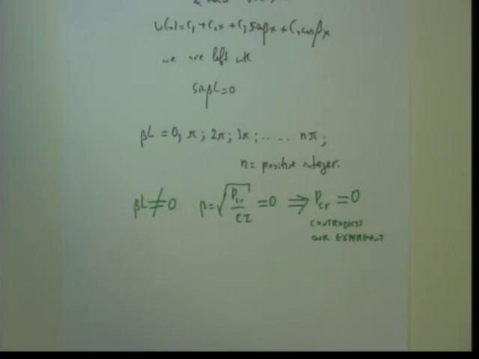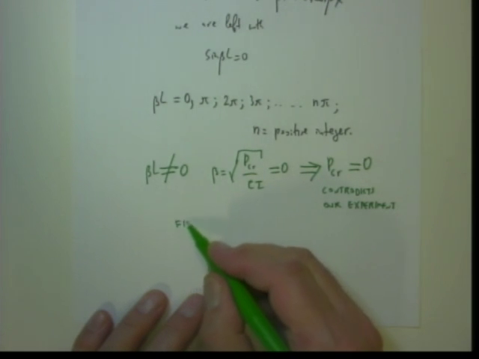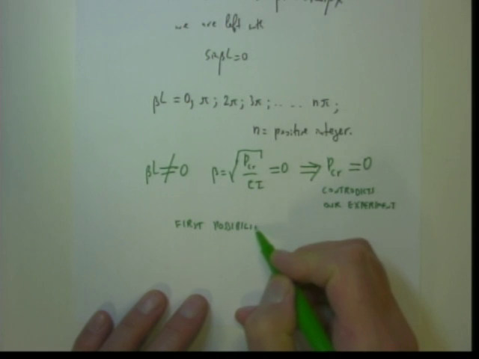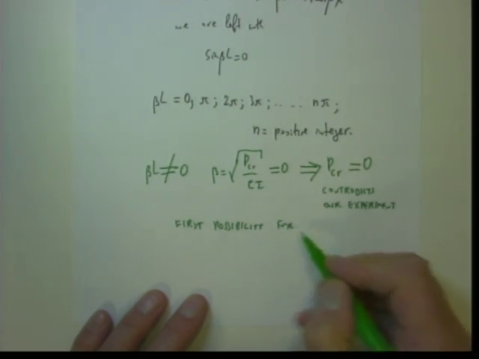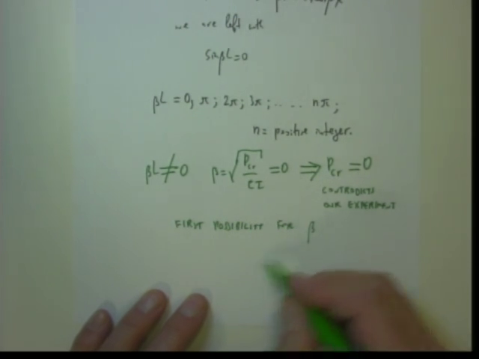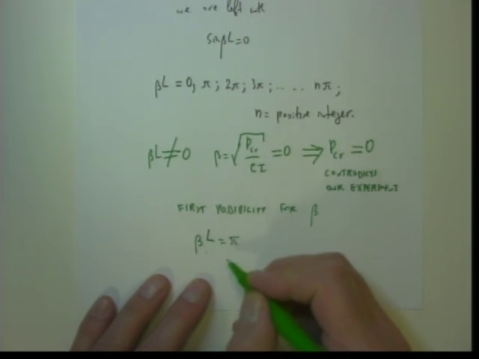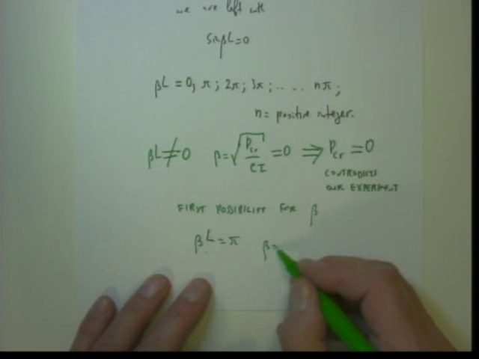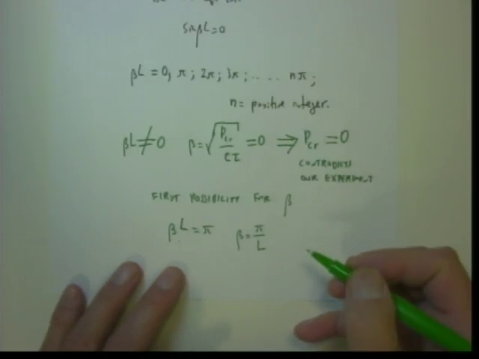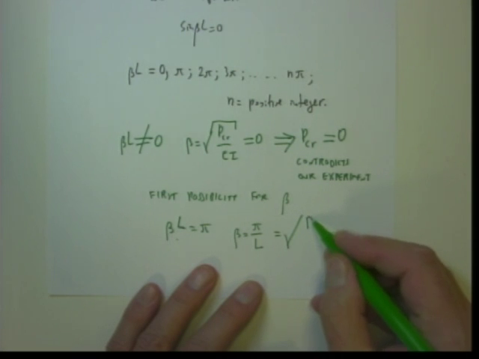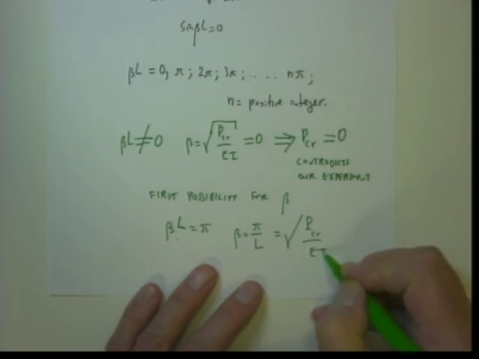So the first possibility for beta is beta L equals pi, or beta equals pi over L. But beta equals the square root of P critical over EI.